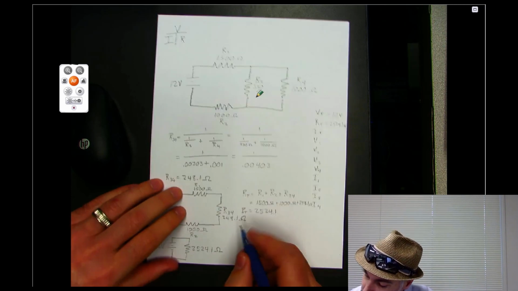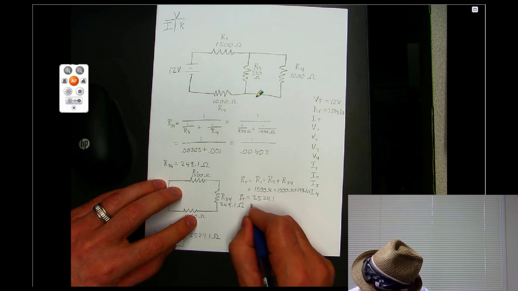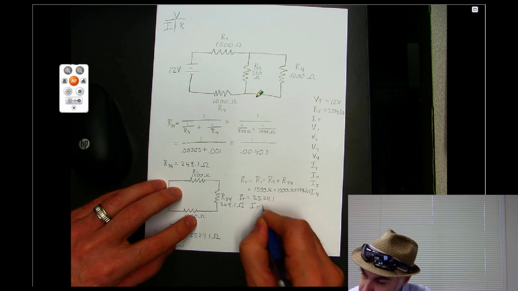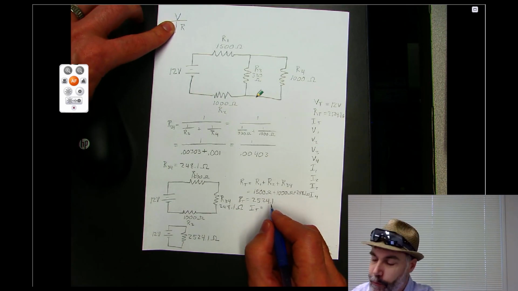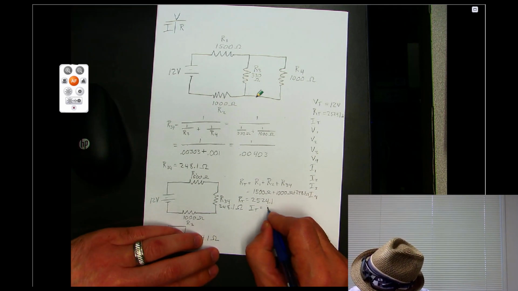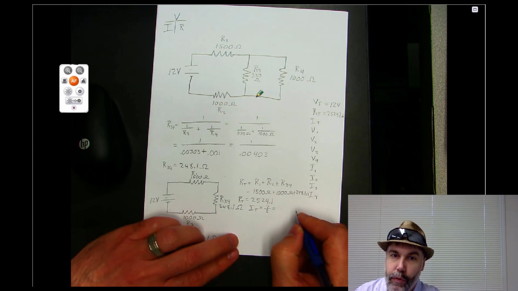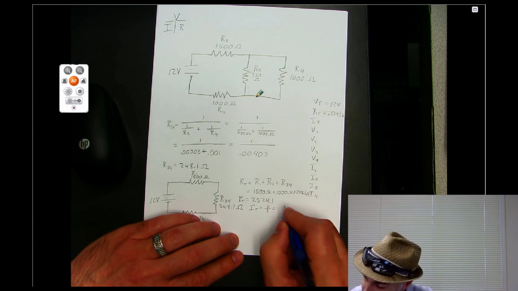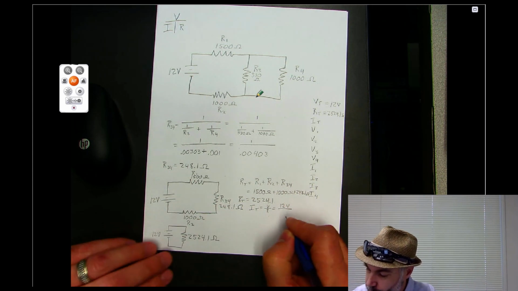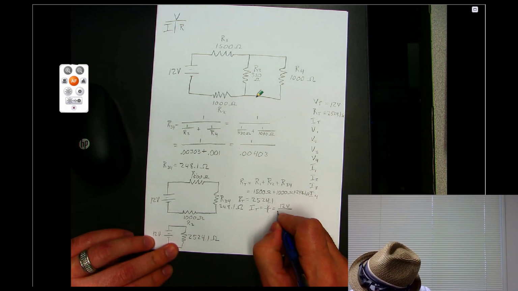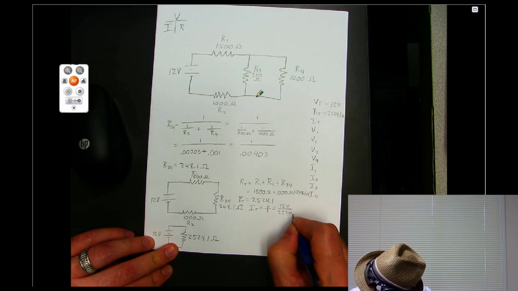So we write down I total equals, and then we go to Ohm's law, we cover up I, we see that I is V over R. So then that equals the total voltage, which is 12 volts, divided by the total resistance, which we said was 2,524 ohms.